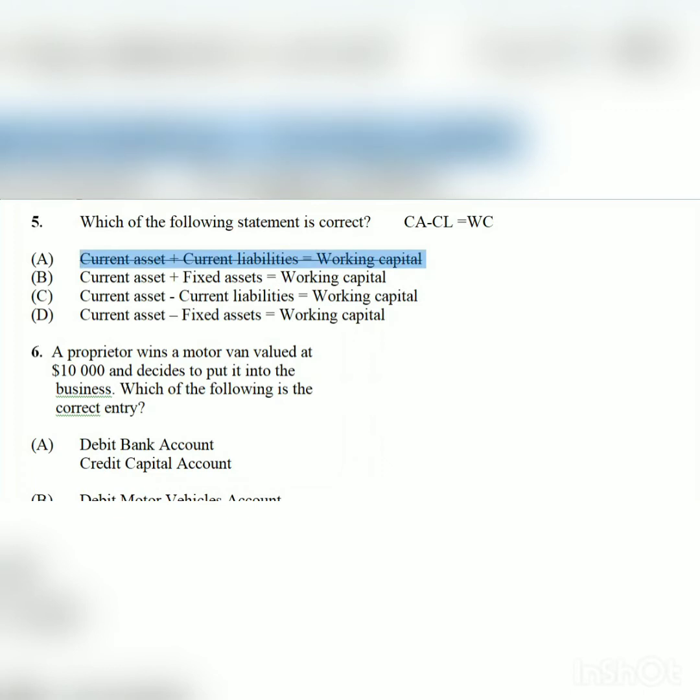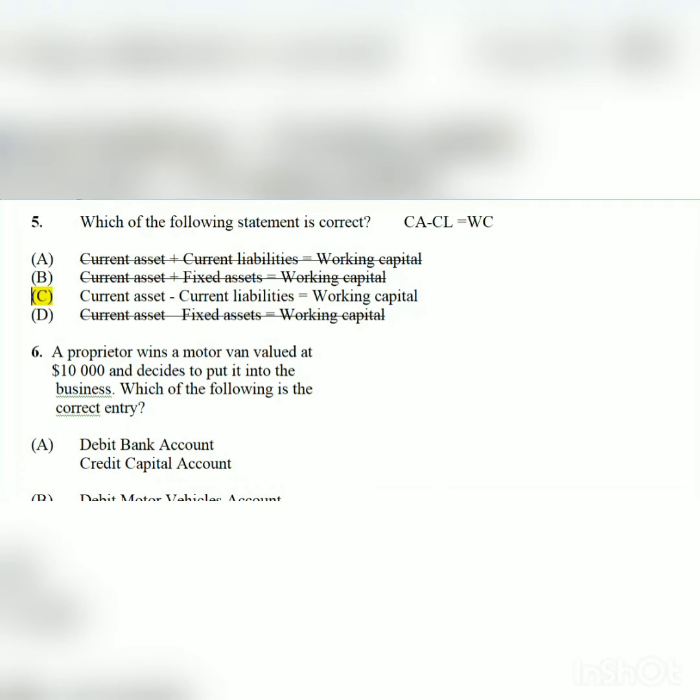The next one says current assets plus fixed assets equal working capital. This would be out as well. Strike through that. Current assets minus current liabilities. So this option C seems more like it. But let's look at option D. Current assets minus fixed assets. So option D is also out. So then our answer here would be C.